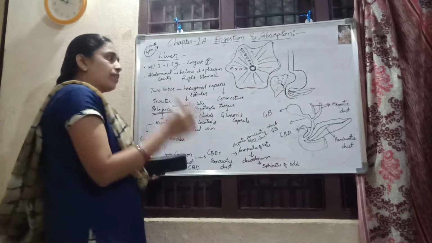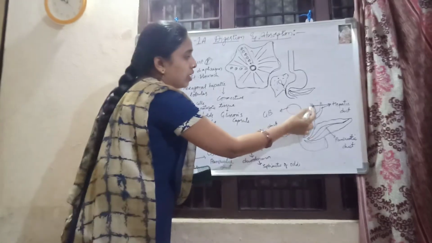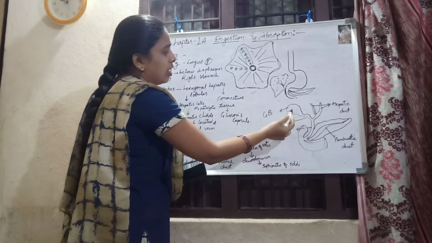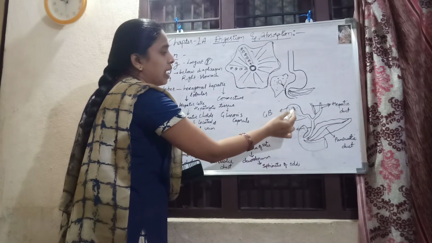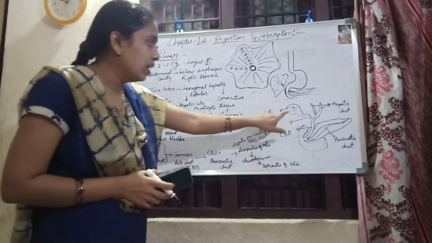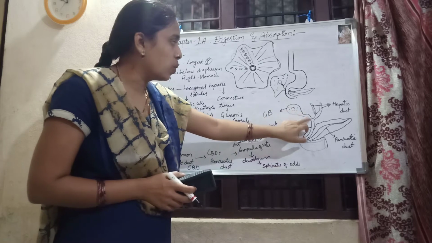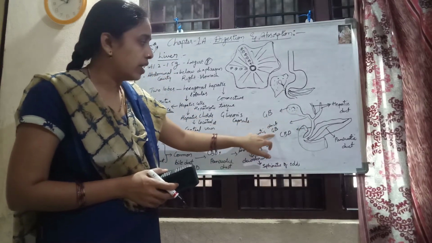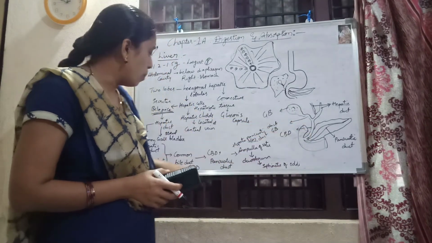Now let's see how the liver sends out bile juice through the hepatic duct, and the bile juice is stored in the gallbladder. After storing in the gallbladder, it runs outside through the duct of the gallbladder, which comes out as the common bile duct.